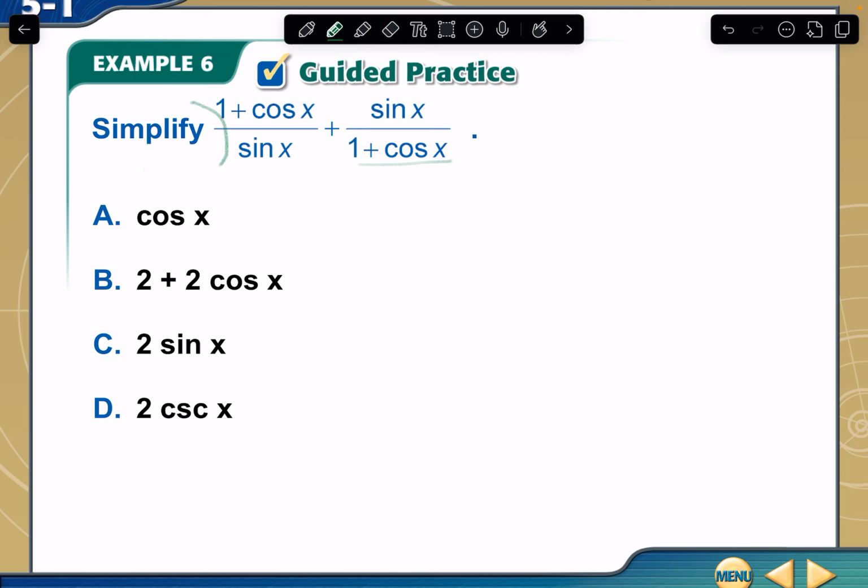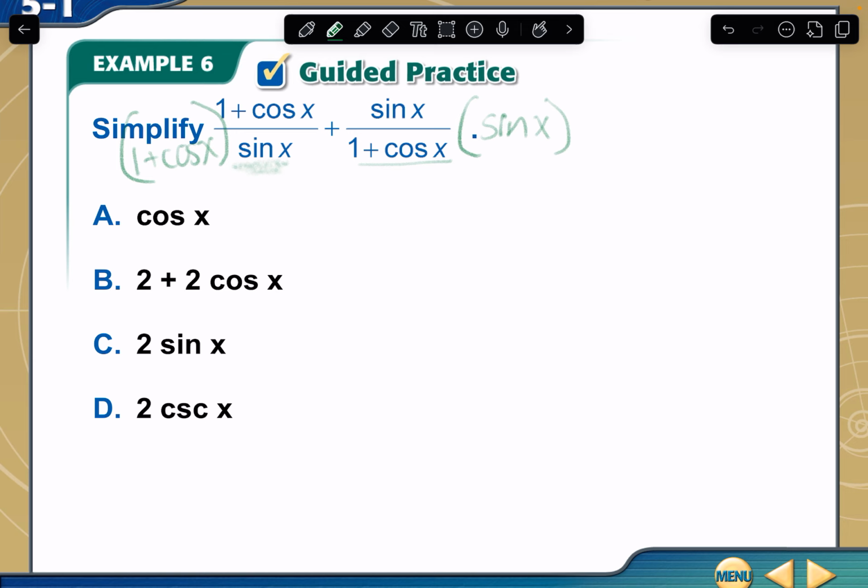So this whole side over here is going to get multiplied by your 1 plus cosine to make a common denominator. This side's going to get multiplied by this. This whole side is going to get multiplied by sine x, which is coming from my denominator on the other side. So whenever you do that, if I'm multiplying my denominator by something, I'm also multiplying my numerator by something.